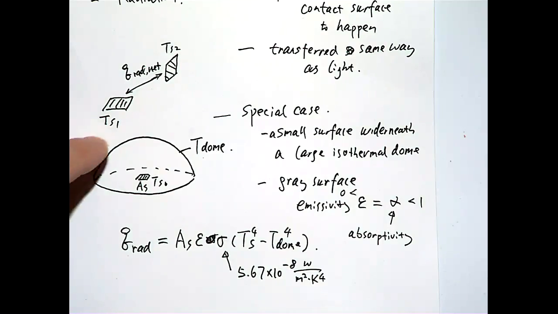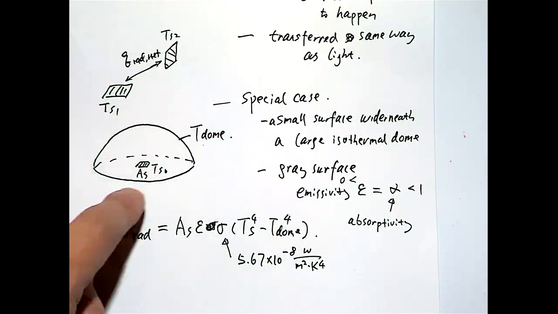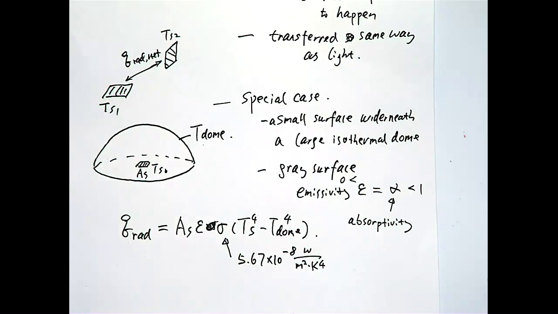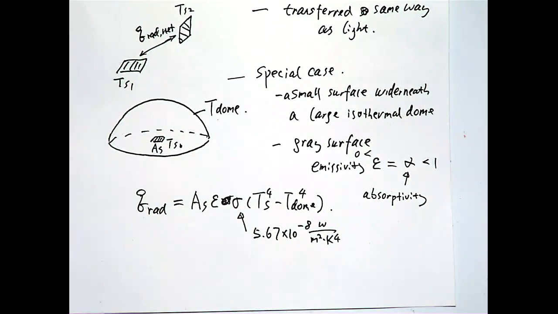So if you have a special setup like this, and again, this is the most common problem you are dealing with here, then you can just apply this equation, which is pretty straightforward. Here you have the temperature to the fourth power, which is different from the other two modes, where it's only to the first power. All right? And just because of that, you want to know that at room temperature, heat transfer by radiation actually is quite small.